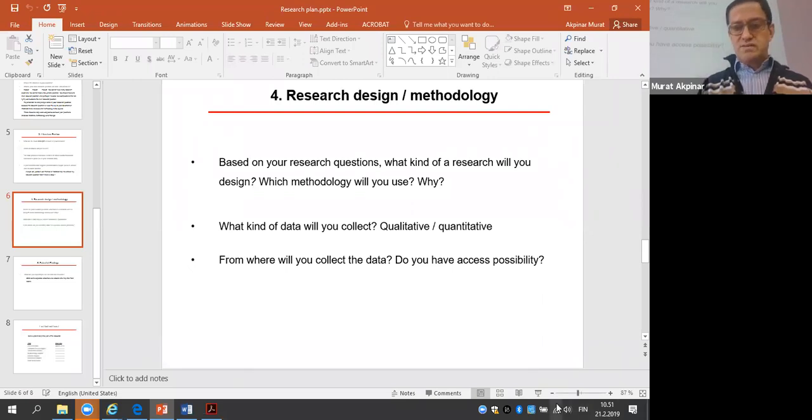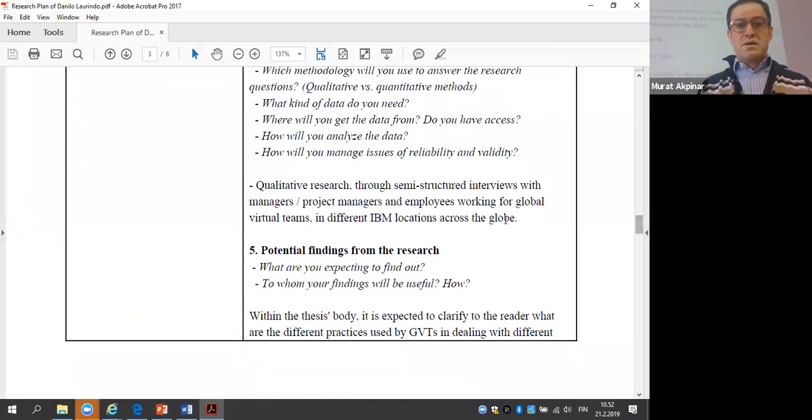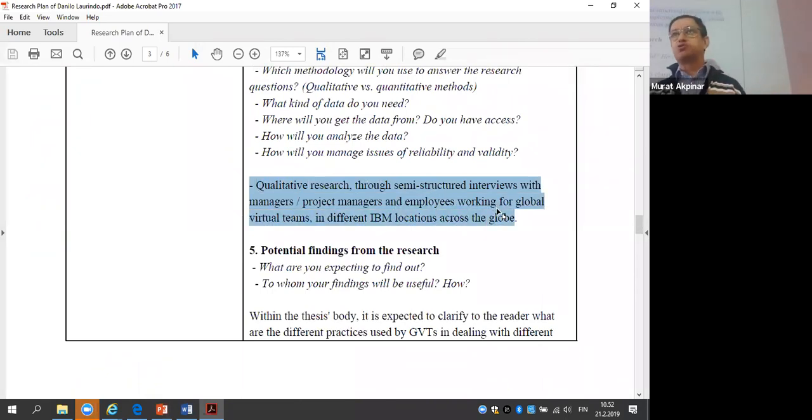Let's have a look at Danilo's methodology. So he's suggesting that he will be doing qualitative research through semi-structured interviews with managers, project managers, and employees working for global virtual teams in different IBM locations across the globe. That sounds convincing. So he will be collecting qualitative data via interviews.